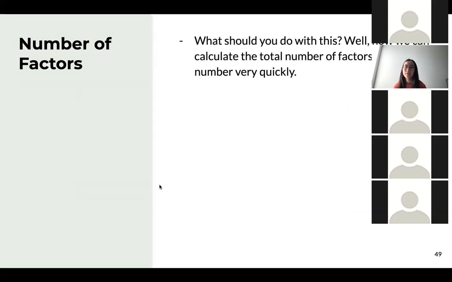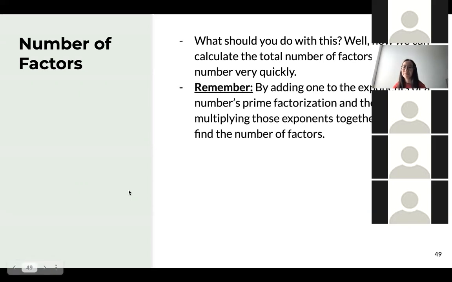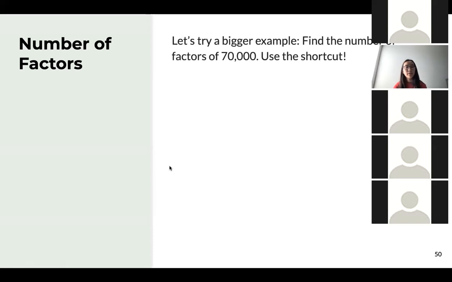All right. So basically, this is an easy rule to calculate the total number of factors a number has very quickly. And again, add 1 to the exponents in the prime factorization and then multiply those exponents together. So we're going to try some examples.